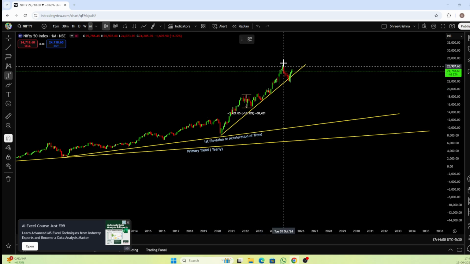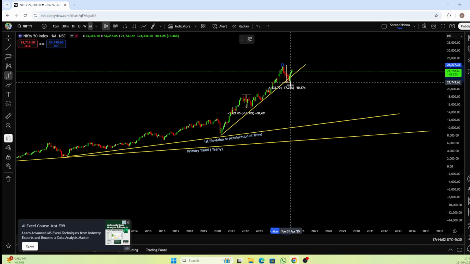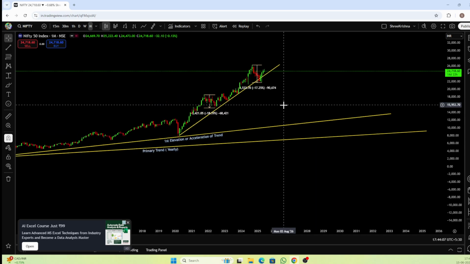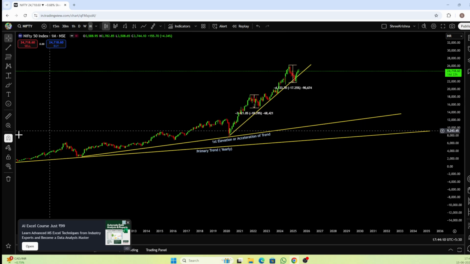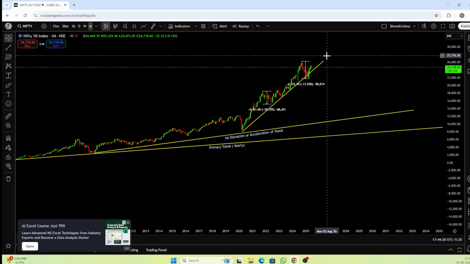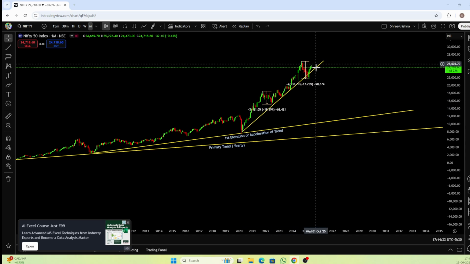The second, so far it is saying it is 4,533 points. Even in the ratio of correction, this is 1 degree, this is 1.61 degree. Has the correction completed? I have no idea, but this is not a secondary elevation. This is the beginning of the second elevation.